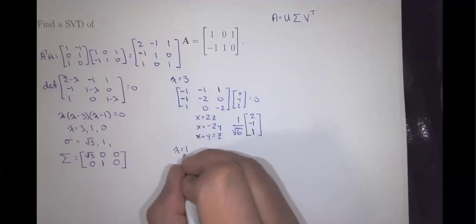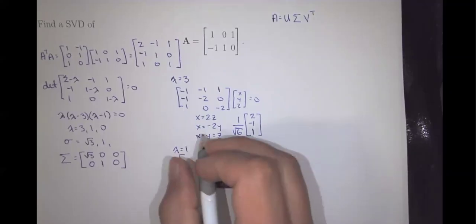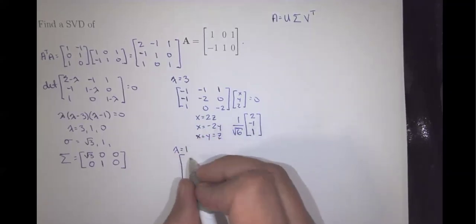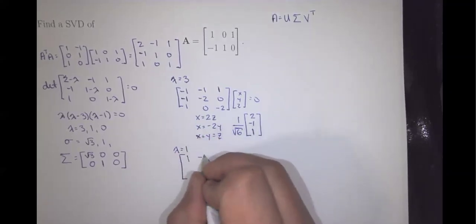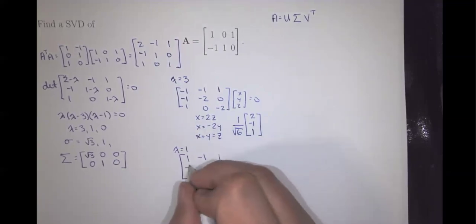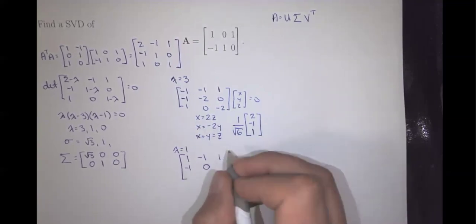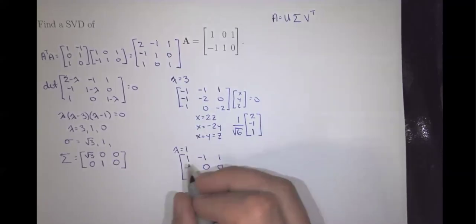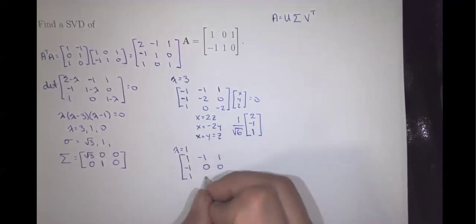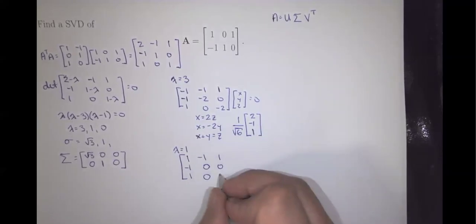Next, we'll go with lambda equals 1. So 2 minus 1 is 1, negative 1, 1; negative 1, 1 minus 1 is 0, 0; we've got 1, 0, and 1 minus 1 is again 0.